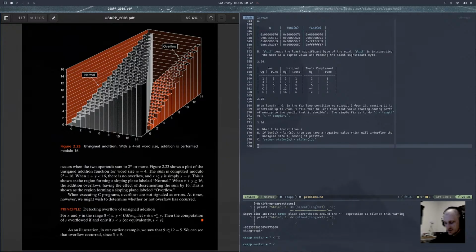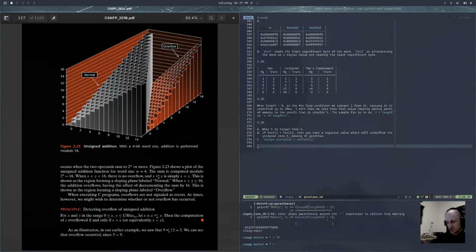On the other hand, if s did overflow, we have s equal to x plus y minus 2 to the w. Given that y is less than 2 to the w, we have y minus 2 to the w less than 0. And hence s, which is x plus y minus 2 to the w, is less than x.